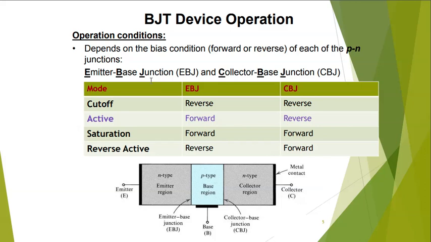It has cutoff, which means the transistor is off, when the emitter base junction and the collector base junction are both reverse biased. It's active when the emitter base junction is forward biased, but the collector base junction is reverse biased.